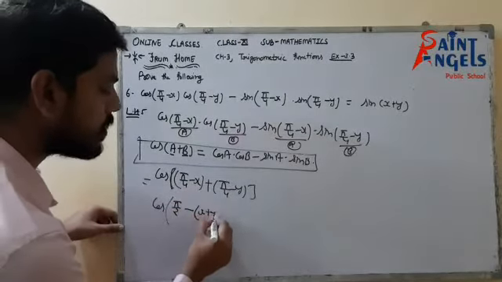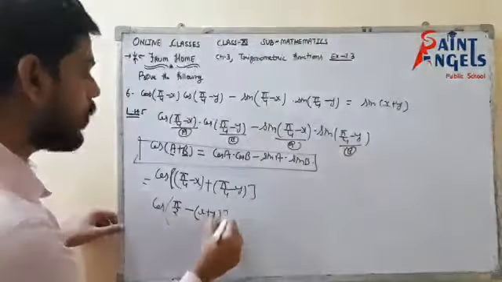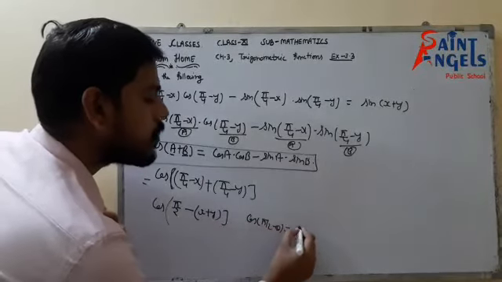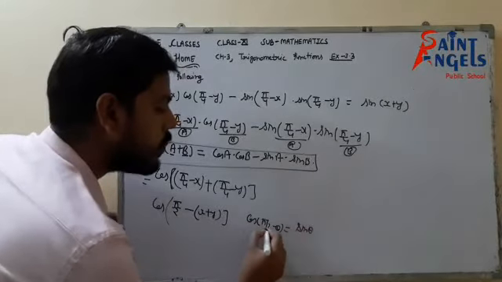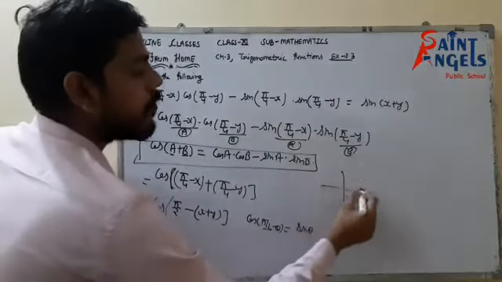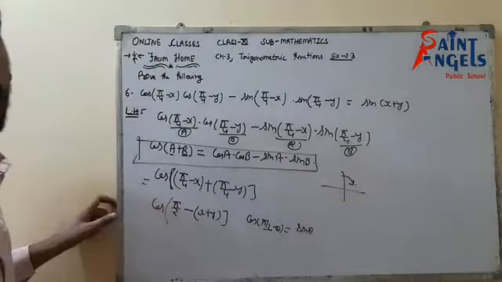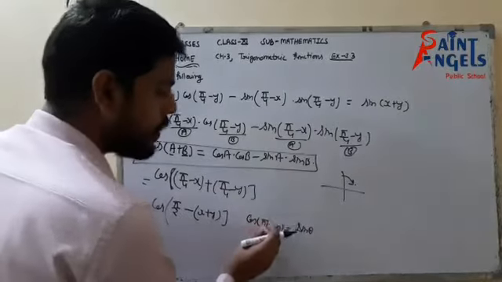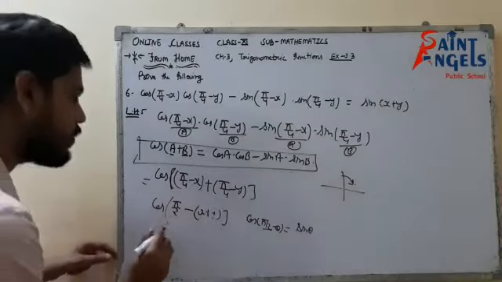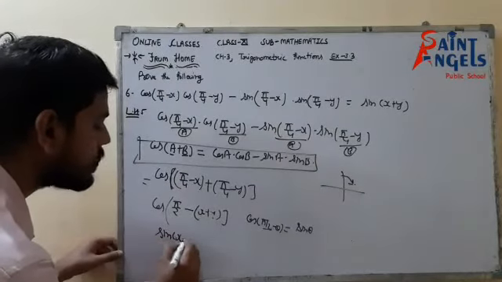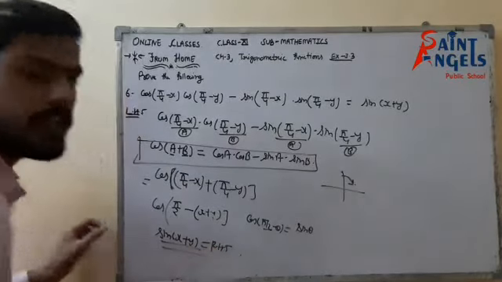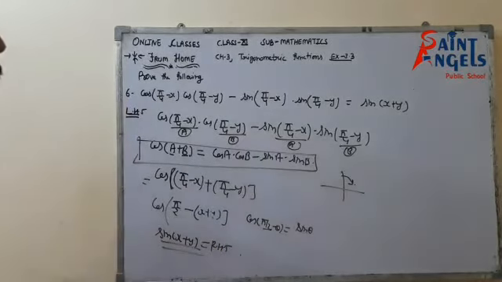Okay beta, cos(pi/2 - theta) equals sin theta, because with pi/2, cos would change into sin, and pi/2 minus theta means first quadrant, and in the first quadrant all angles are positive. So cos(pi/2 - theta) would be sin theta. It means cos(pi/2 - (x + y)) equals sin(x + y) equals RHS. Beta, our proof is done, okay? Please pause the video and note it down.